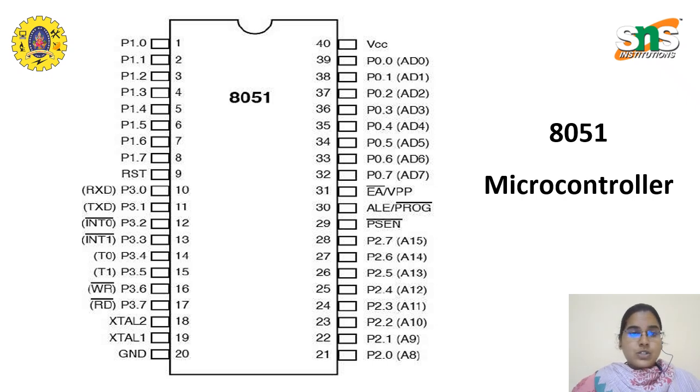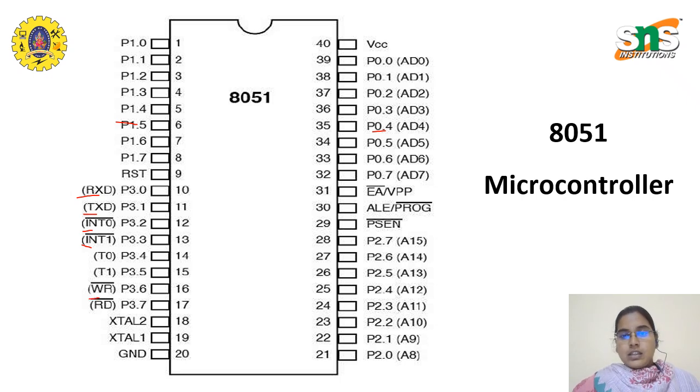Now the 8051 pin configuration. As we discussed, we have the 4 input output ports, P0, P1, P2 and P3. Apart from these 8-bit input output pins, we also have other operations like the receiver and transmitter pins, interrupt 0 and interrupt 1 pins, timer 1 and timer 0 pins, and read and write.